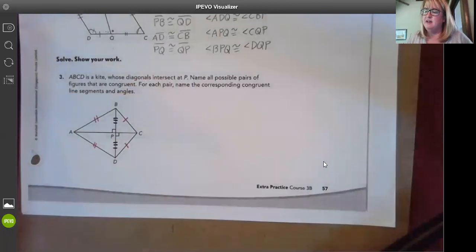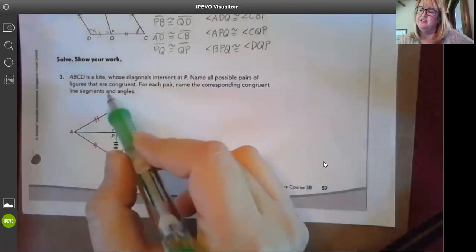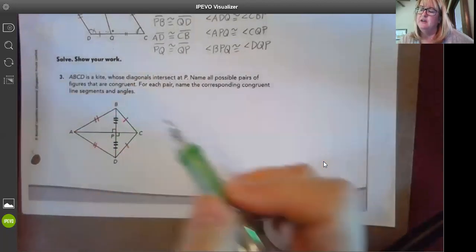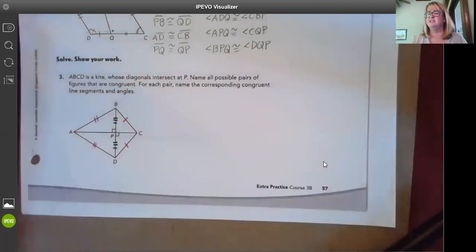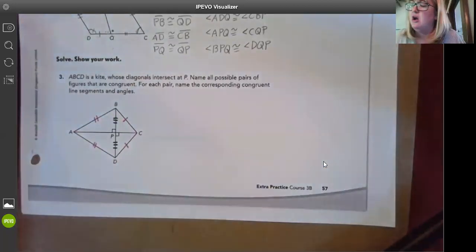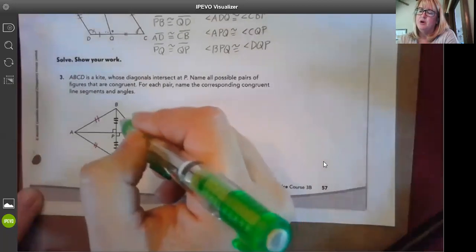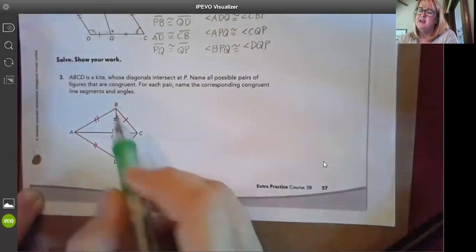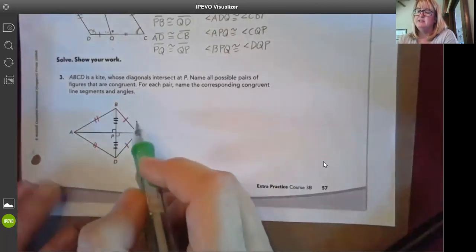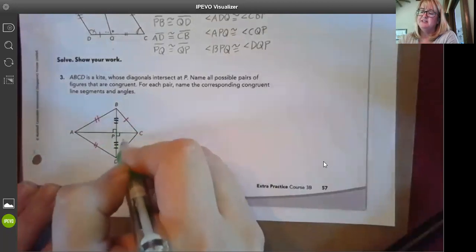So then it says, name all possible pairs of figures that are congruent. For each pair, name the corresponding congruent line segments and angles. This is a lot. Now, I am seeing 2 small triangles, and they would be congruent because we've got these 2 side lengths are the same.